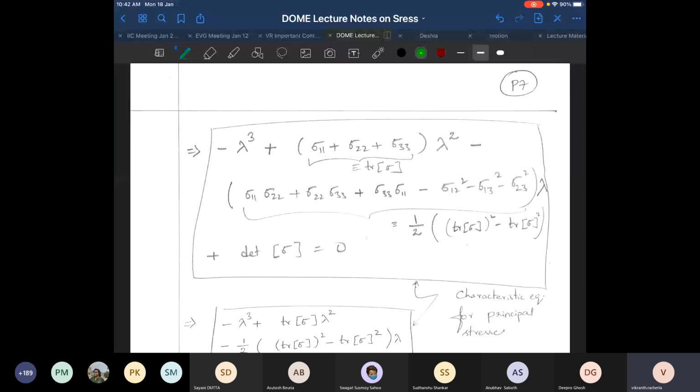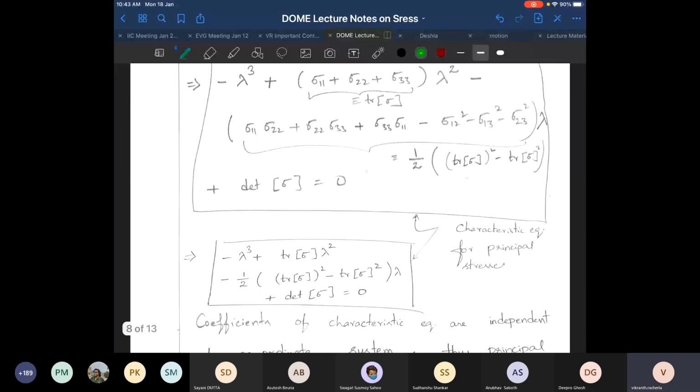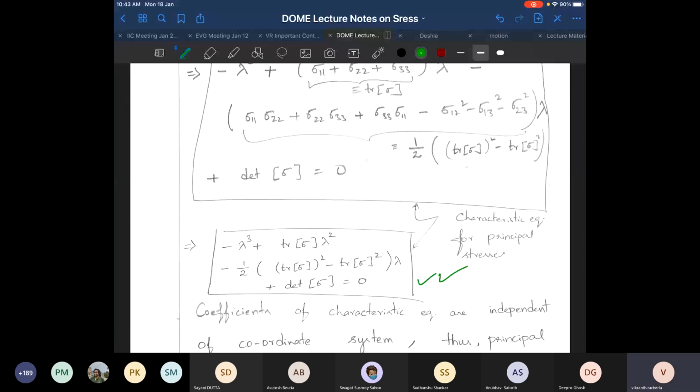What is the order of this equation? 3. It is a cubic equation in lambda. So how many principal stresses will you have? 3. You will have 3 principal stresses. Finally, you can write the characteristic equation like this.